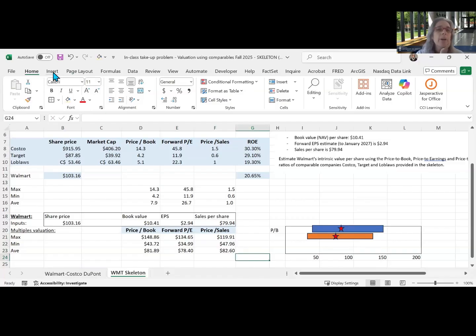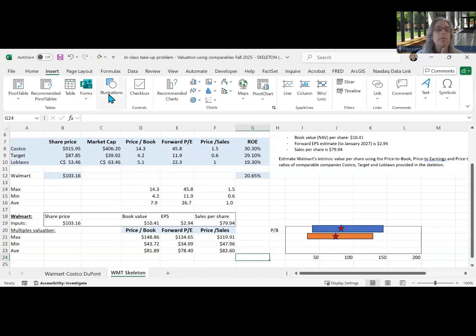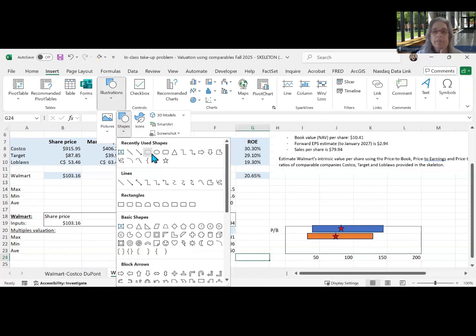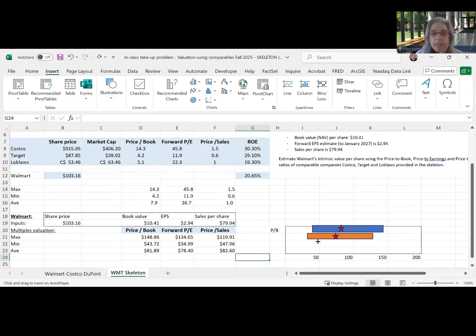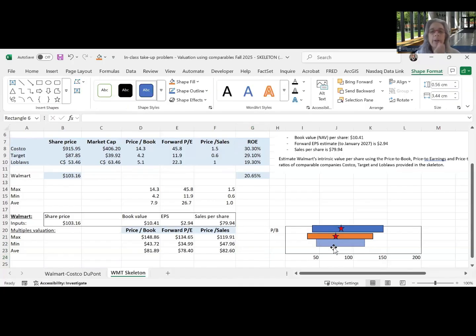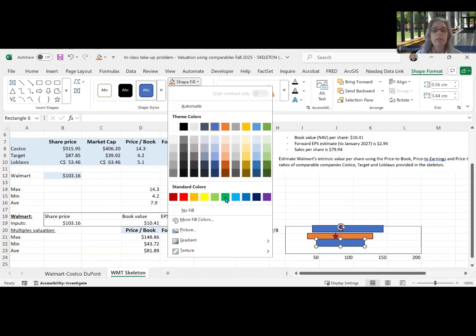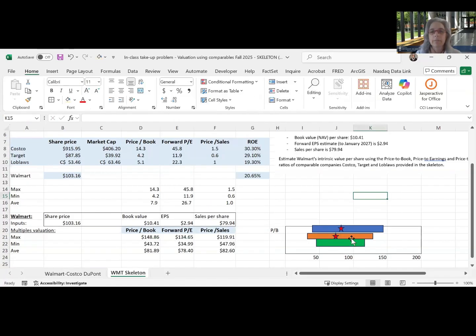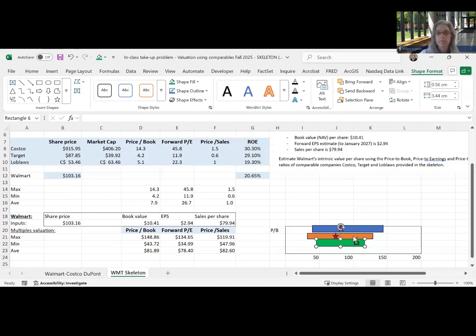Let's insert a box for that as well. And that goes from 47 up to 120. So this is good because it's narrowing our range again, which is what we want. Okay, and our average is 82.